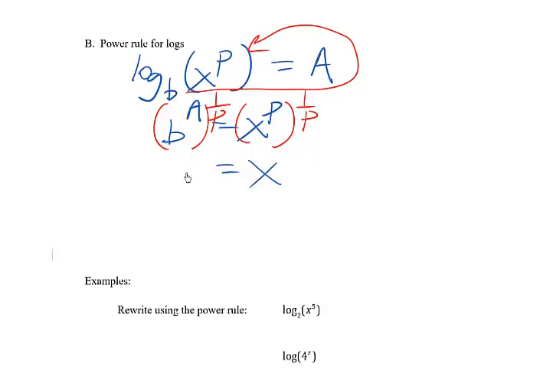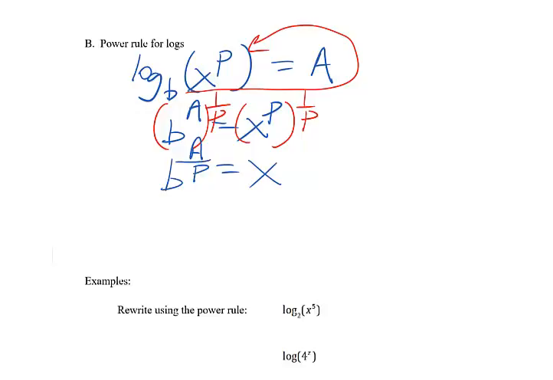On the left side, I can also use that rule about one base and two powers where I multiply the powers. So the base will stay the same. A times 1 over p is a over p. So I end up with b to the a over p equals x. Now this is interesting because this statement is in exponential form. It's got a base, it's got a power, and it's got a result.